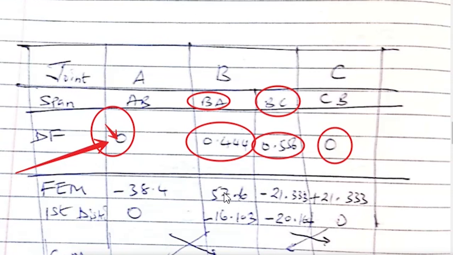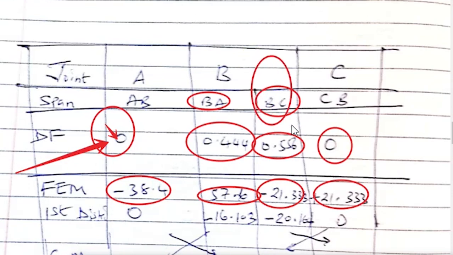Now the fixed end moments: on the left we got the moment for AB, which is negative 38.4, and for the right we calculated this one, the moment for BA. For the uniform distributed load, we got negative from the left and positive from the right. So this is the fixed end moment distribution for member BC and member CB.